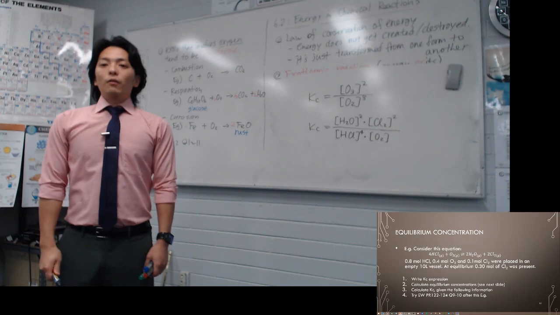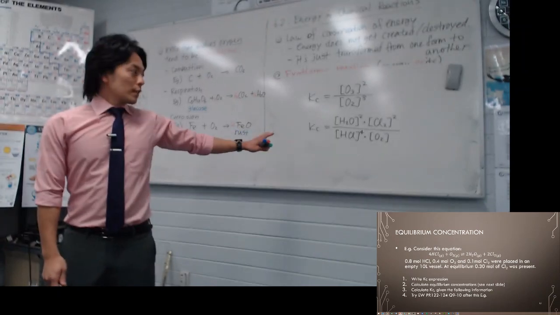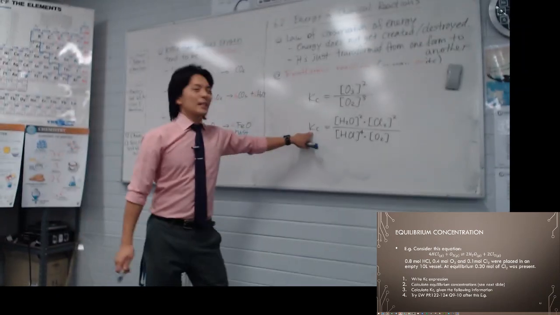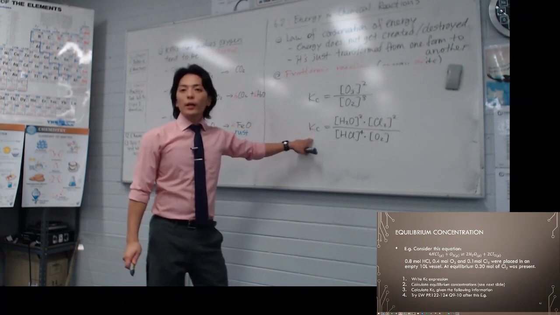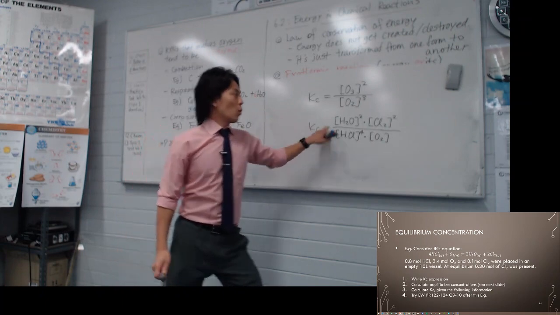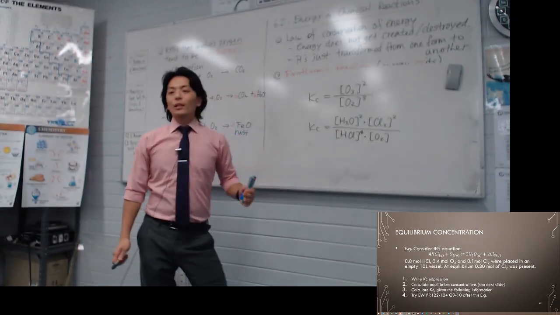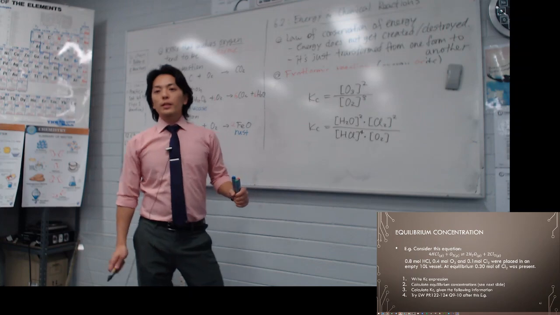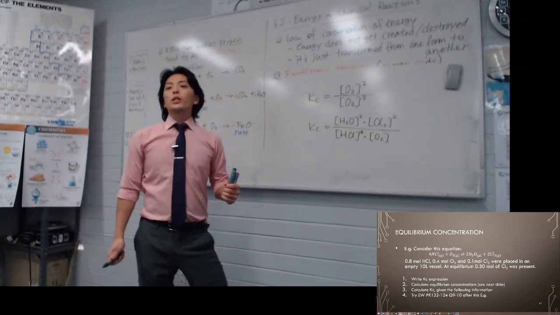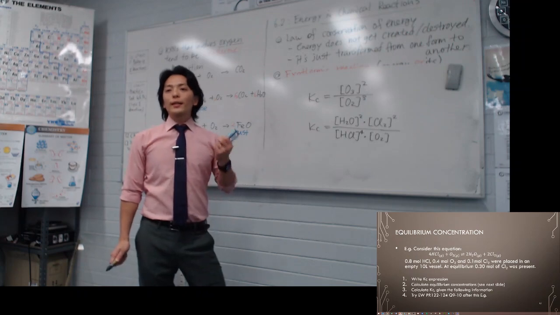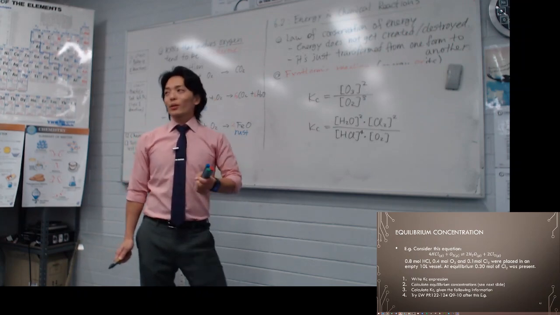Now, Kc is for the equilibrium, so you have to know the concentration of all these values at equilibrium first. But if you read the question, it only says at equilibrium 0.30 mole of CO2 was present. So you only know the number of moles of CO2 at equilibrium.